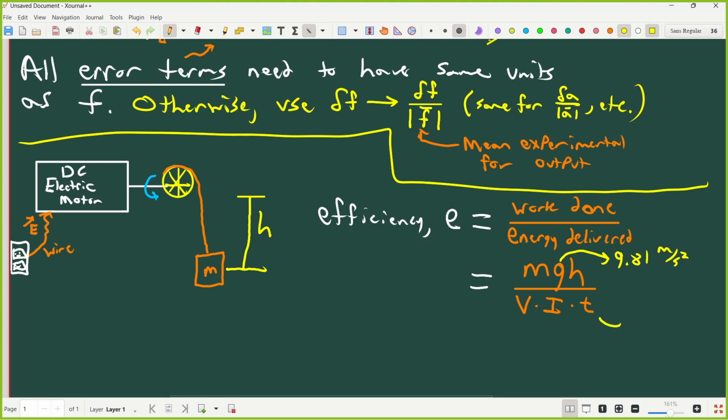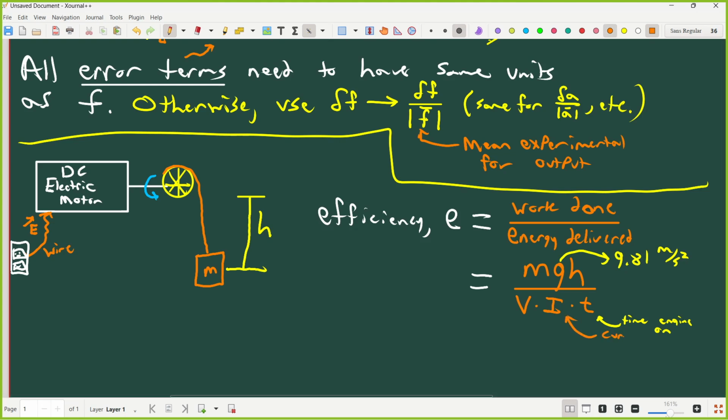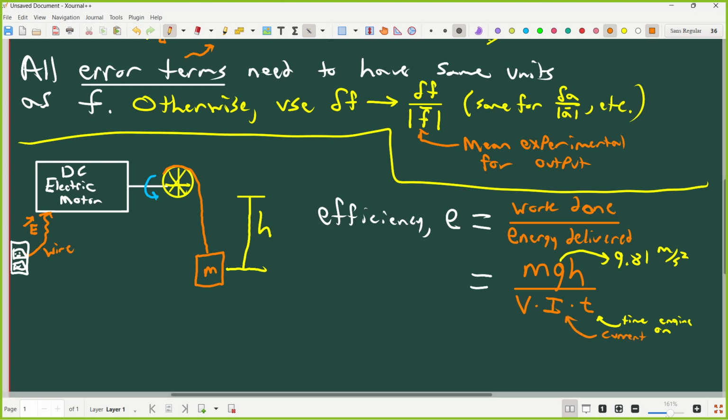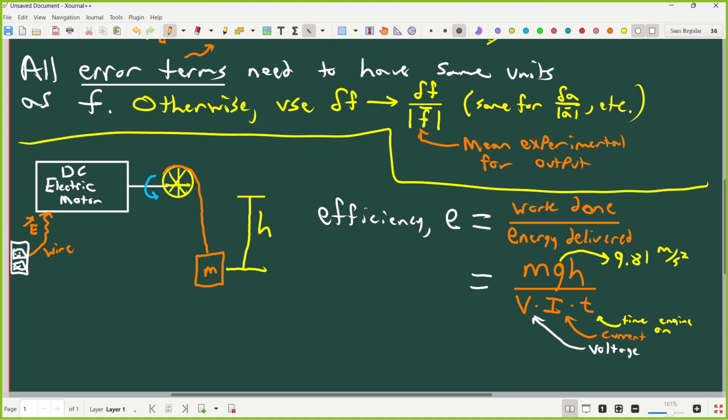So t is the time the engine's on. I is the current of the motor, or of the energy source. If it's coming from your wall, it's typically about 15 amps. And then the voltage of the motor. It's just electrical work, EIt.